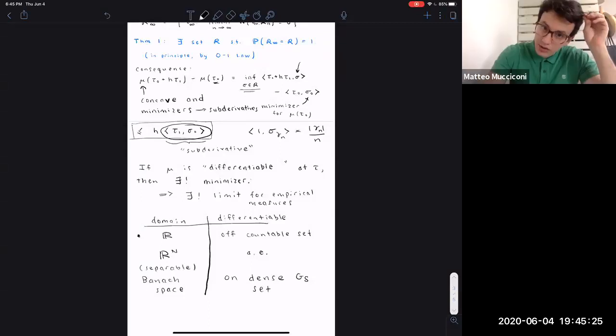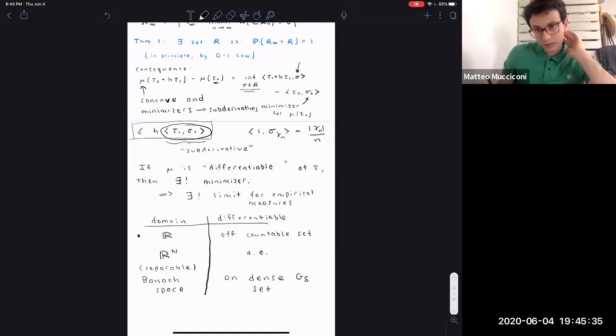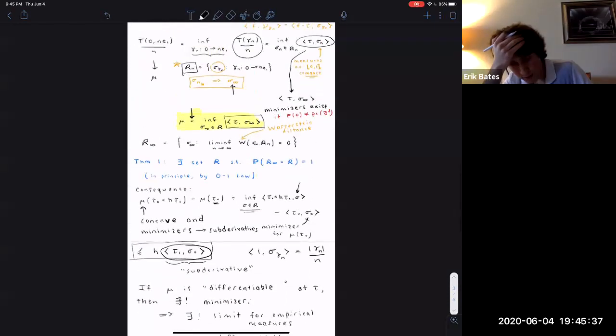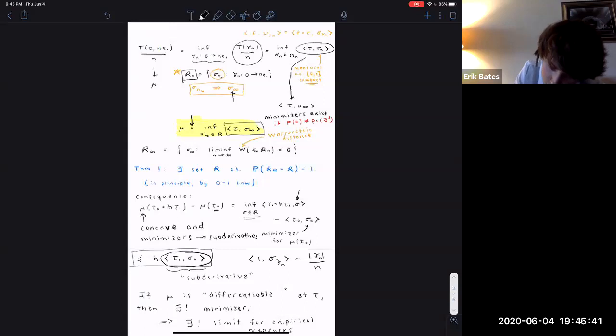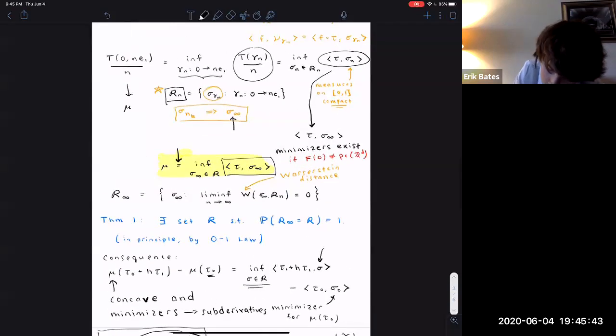So there's a question by Evan Soren. So is Rn a single measure or a set of measures? So Rn, it's a set of measures that are associated. These are the empirical measures associated to the paths gamma n, where gamma n is any nearest neighbor path between 0 and any 1.